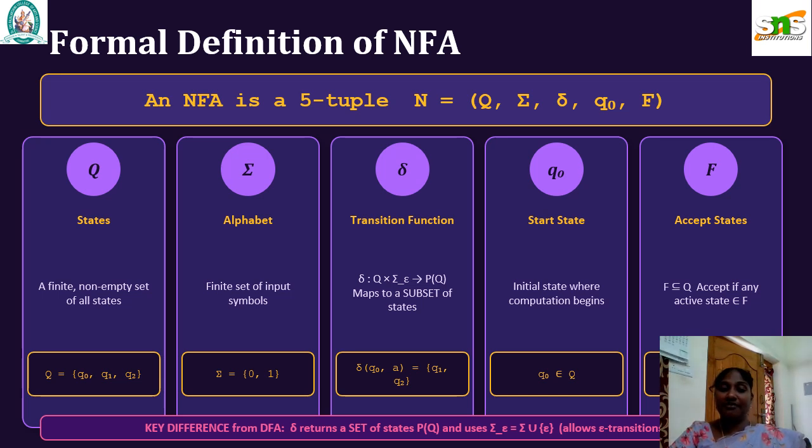Delta is the transition function, which takes a current state and an empty string or any input symbol and maps to a subset of states. In DFA, the transition function maps to a single state, but NFA maps to a subset of states. This is the main difference. Then Q0 is the starting state and capital F is the set of accept states.